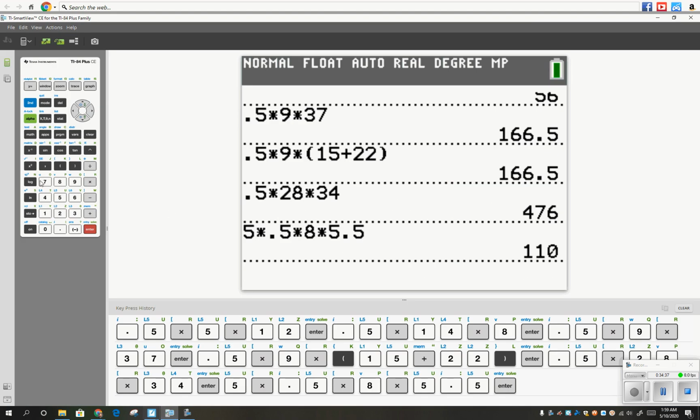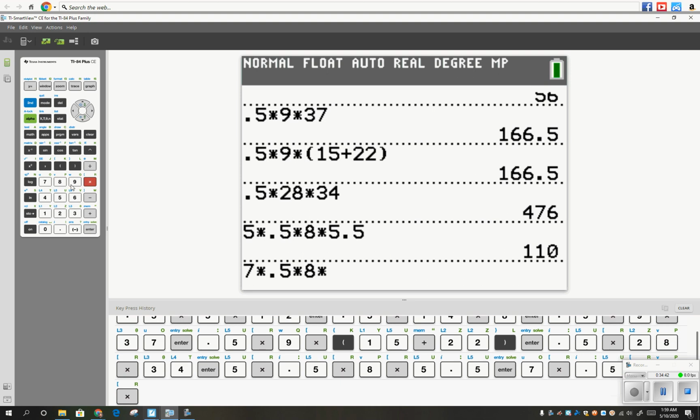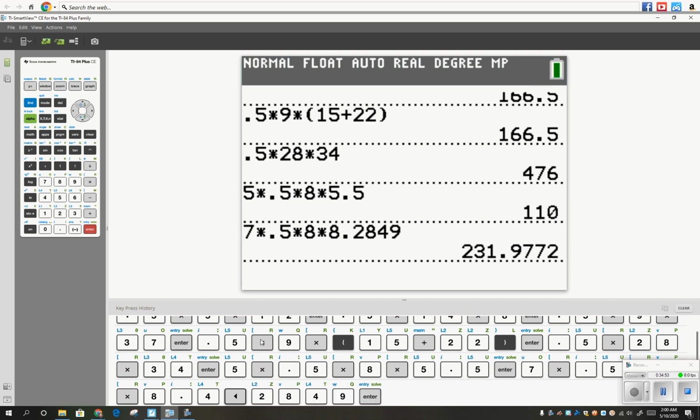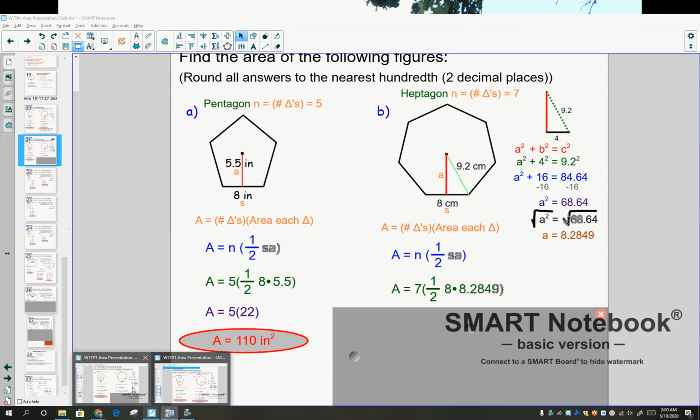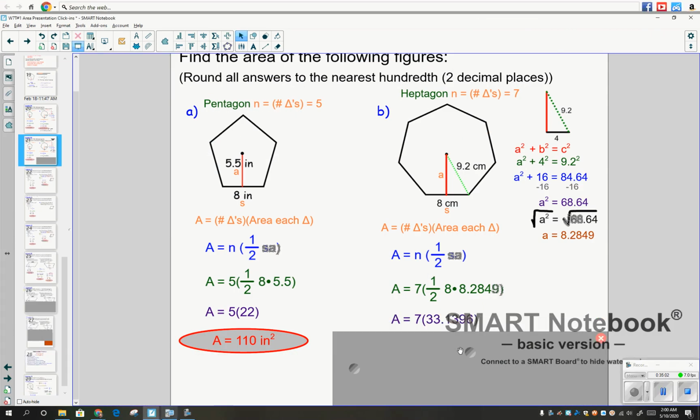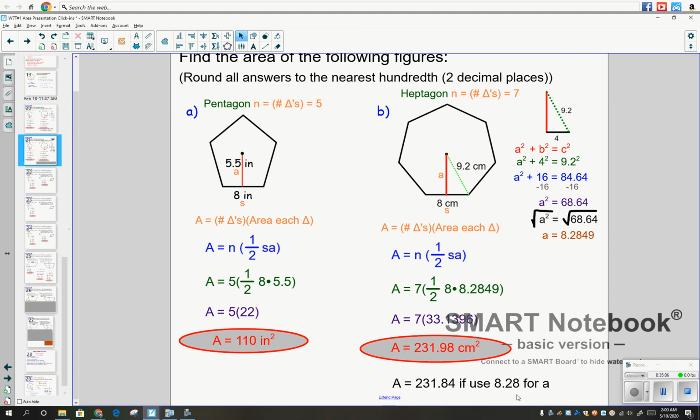If I type that into my calculator, I get 231.977. Staying with our habit of rounding to the nearest hundredth, I'm going to round this to 231.98 centimeters squared.